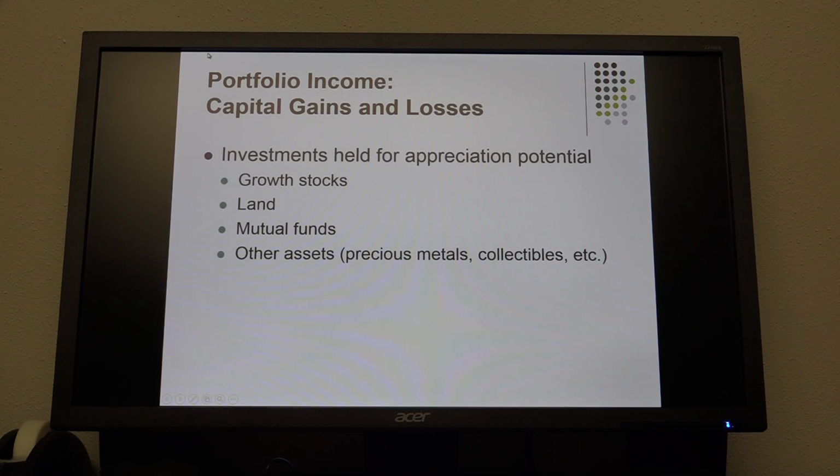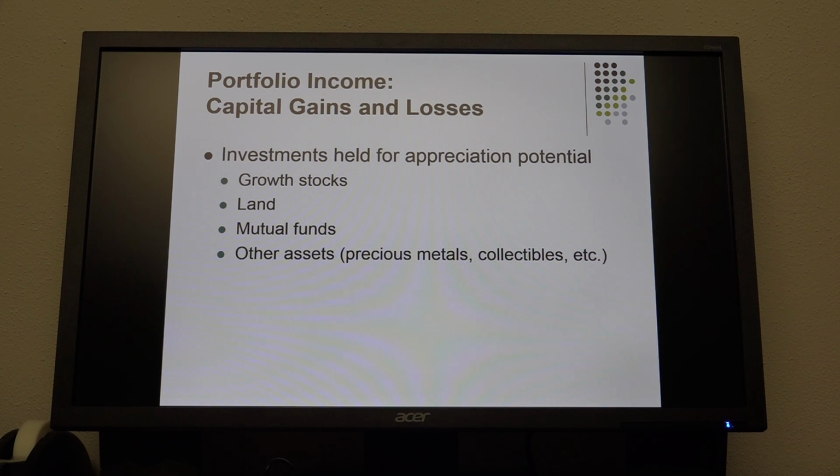All right, so capital gains and losses. Capital gains and losses come from investment in capital assets. Those capital assets are usually either portfolio assets, stocks, bonds, etc., or land and other personal use assets.